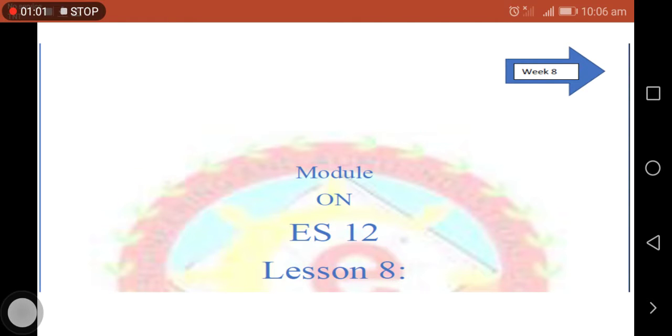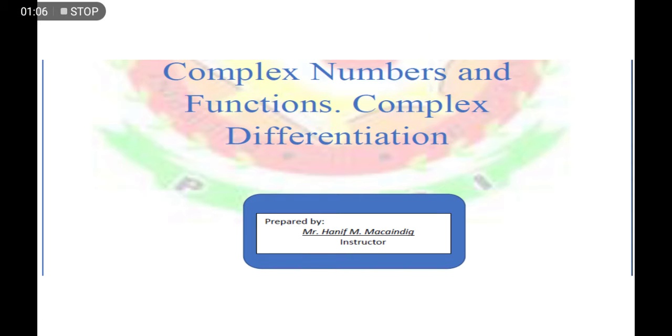For these topics, our topic for today is complex numbers and function of a complex differentiation. When we talk about complex numbers, it is totally different from the concept of real numbers, because in complex numbers we have a real number and an imaginary number.